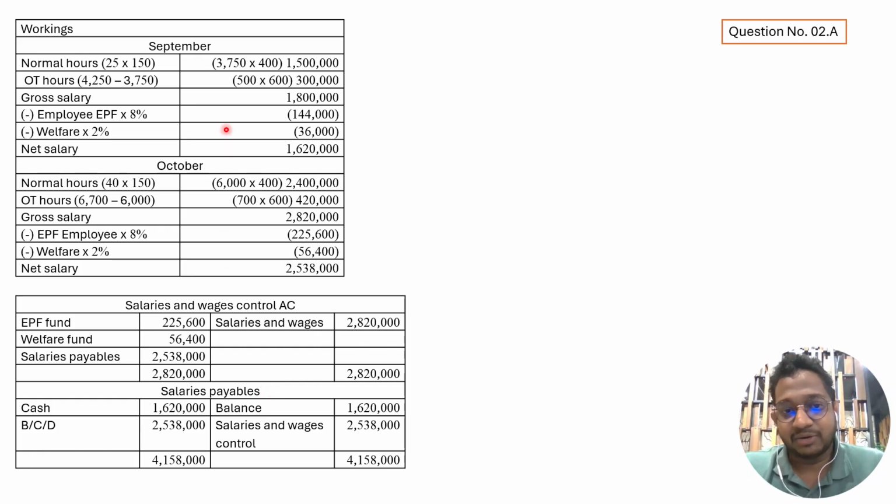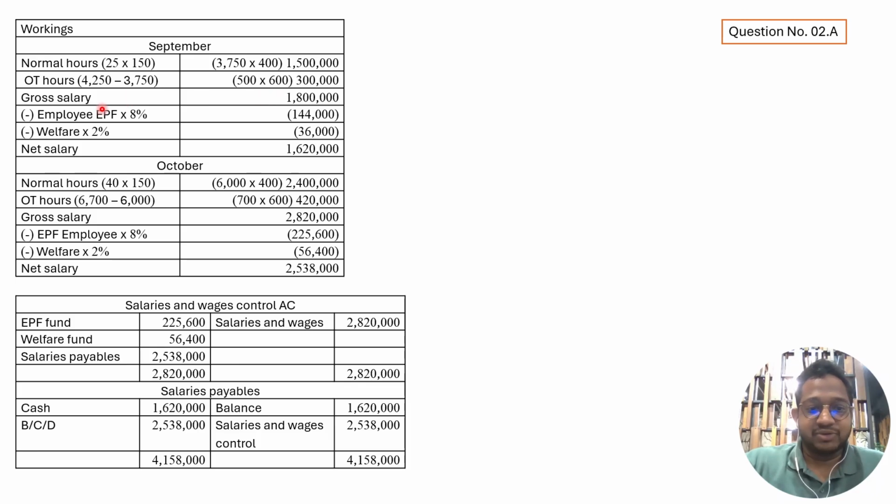So you have to find out September's net salary first. So normal hours, there were 25 workers for September into 150. It's 3,750 into 400. And the total hours they worked is 4,250. From that, minus 3,750, the overtime hours are 500, and that you should multiply by 600.